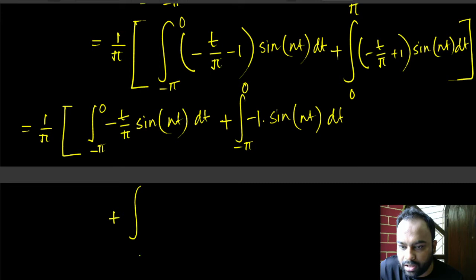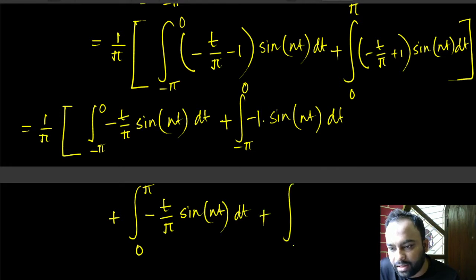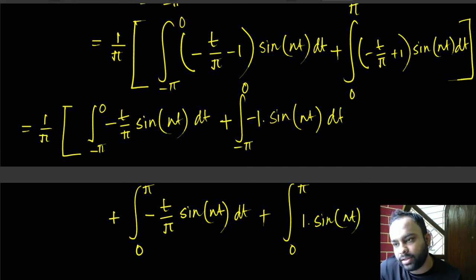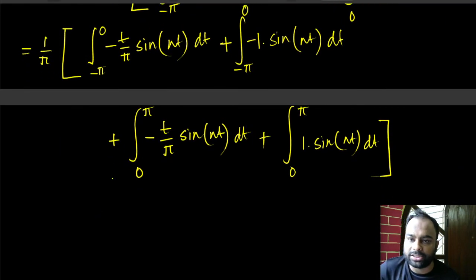From 0 to pi we have minus t by pi sine nt dt, and then plus 0 to pi, 1 into sine nt dt, right? So that is how the integration is split into two portions. All the portions have been properly split.